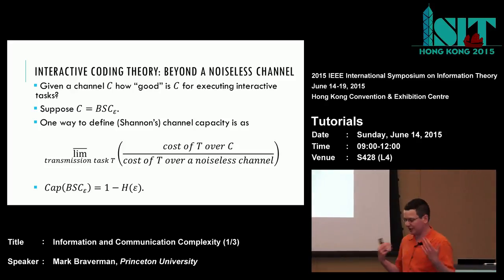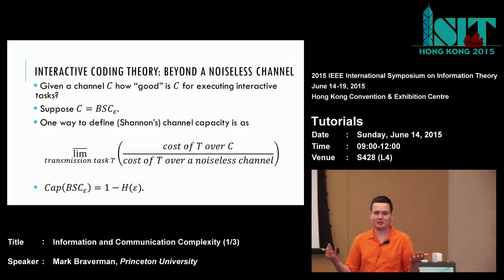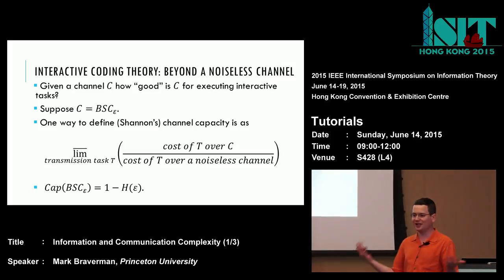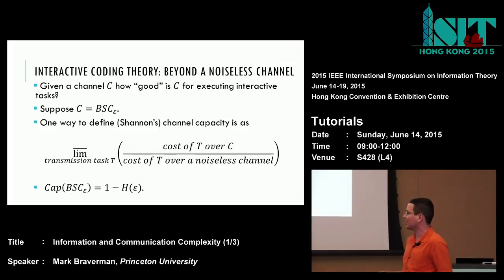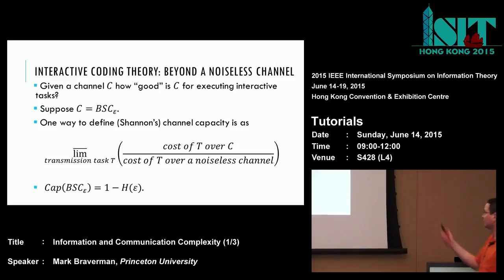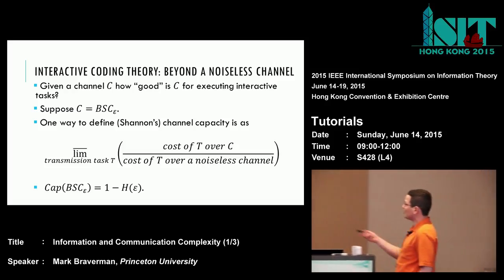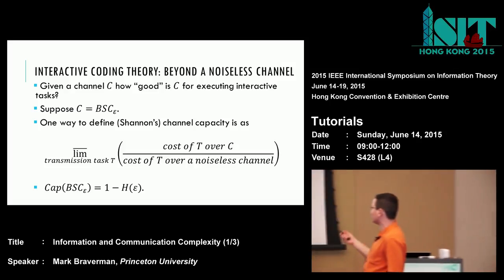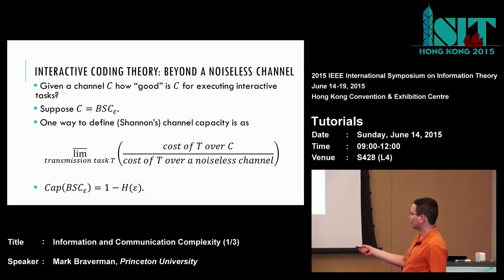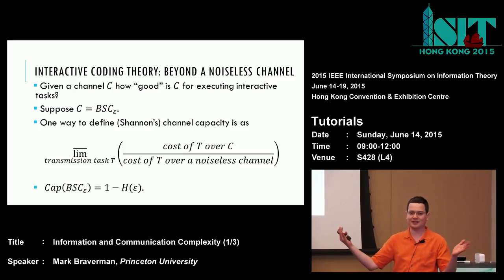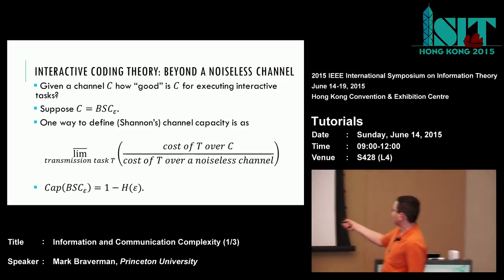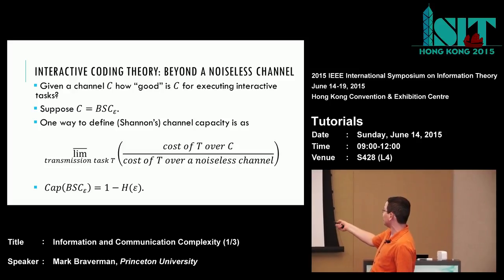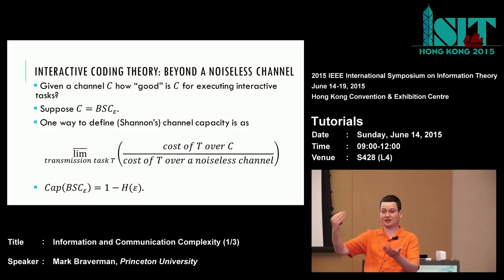One very abstract way of defining channel capacity is to ask how good C is at executing tasks. Say C is the binary symmetric channel. One way, not the fastest way, to define channel capacity is to look at all possible transmission tasks, look at the overhead you have to pay when you're using C instead of a noiseless channel, and look at the ratio. This is the channel.